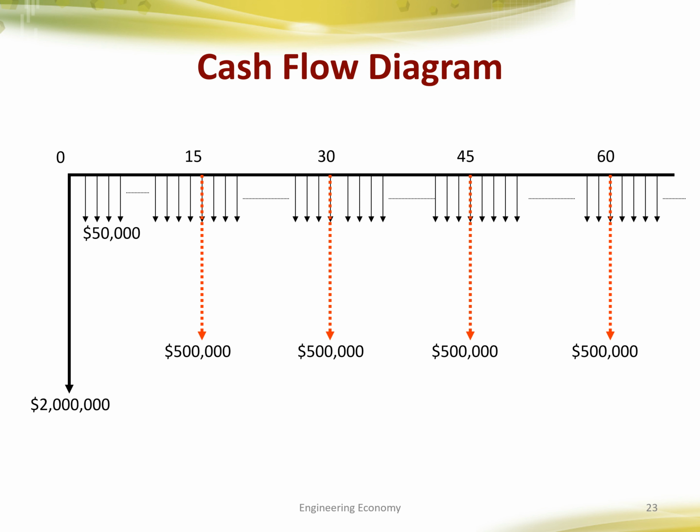Then we have another series, which will be that value divided by 5%, and we can get its present worth, present value. Then we add this and these together. That will give us the total worth.